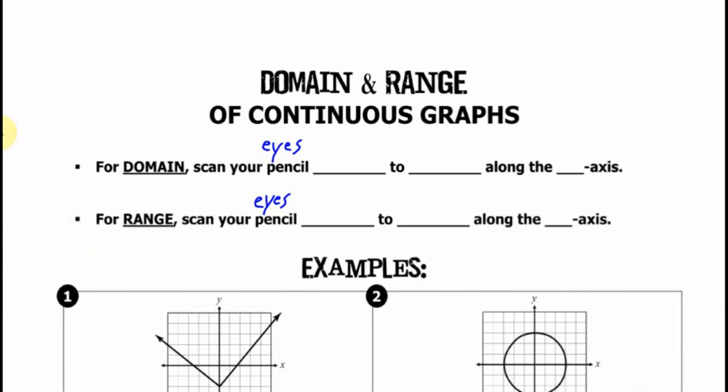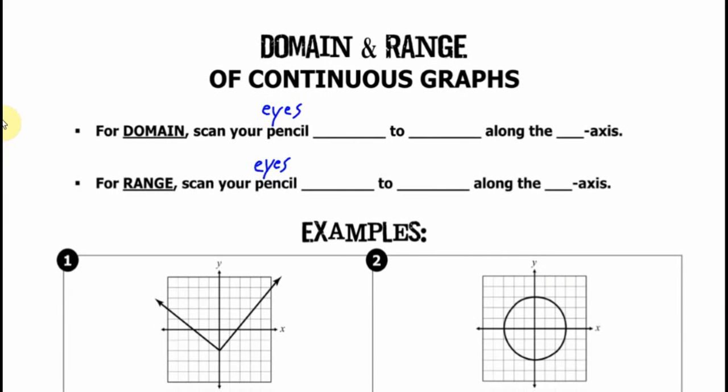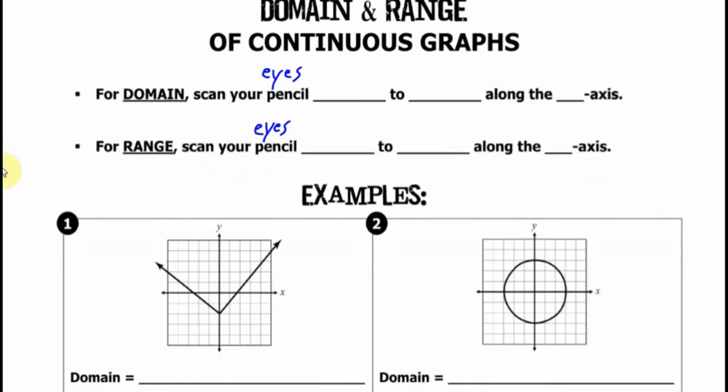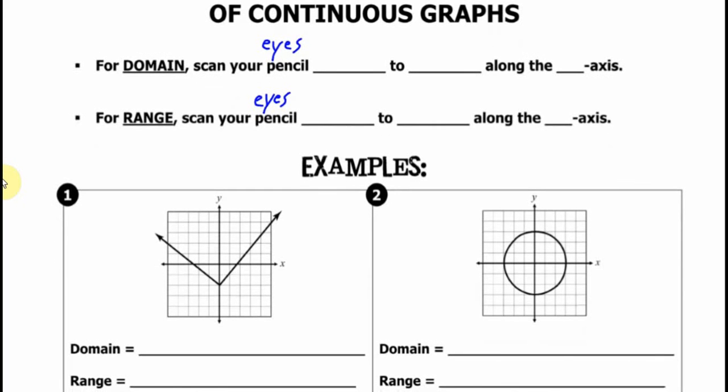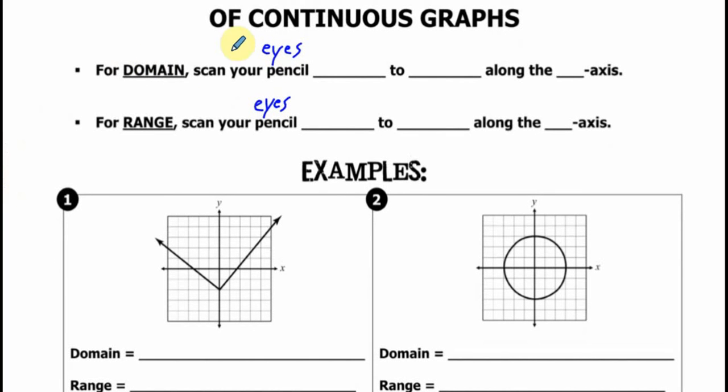All right, so let's talk about domain and range of continuous graphs, graphs which you can draw without lifting your pencil, basically. So it says for domain, scan your pencil. I like to think of it also as your eyes. Not everyone has to put their pencil down, but you can.